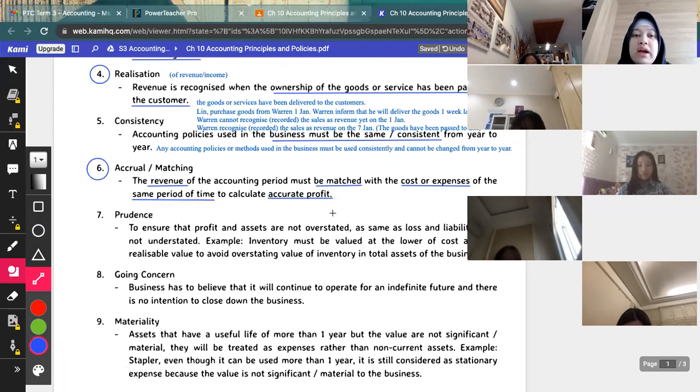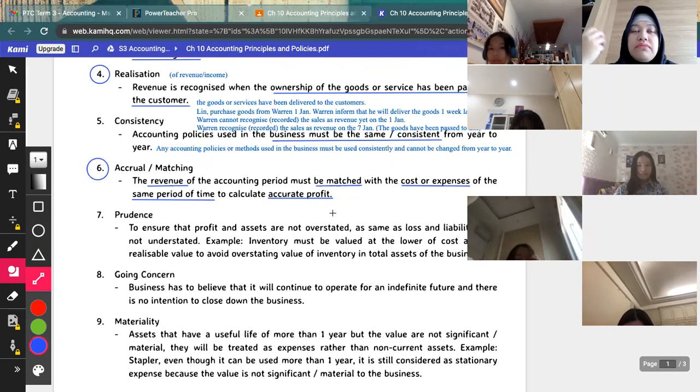Now, I want you to remember the income statement. We start with sales, followed by cost of sales, where you put all the expenses of bringing the goods to the business, the cost of the goods that you sold. Then you add other revenues. And lastly, you list all the expenses of the business.